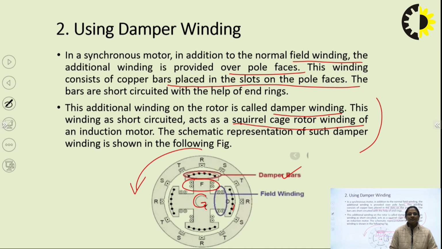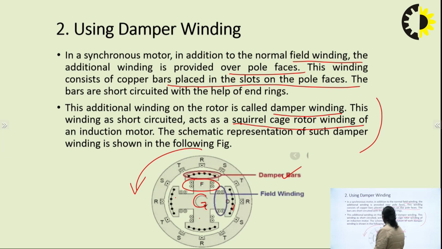Now, the supply to the rotor field winding is switched on. It will develop the magnetic poles over the rotor. Now, we have two magnetic fields, one produced by the stator, and now the rotor has permanent magnetic poles.